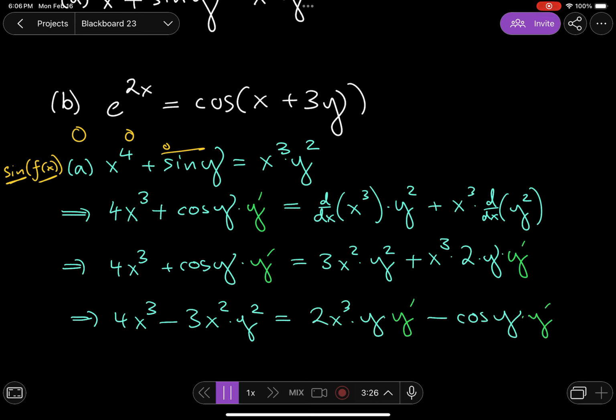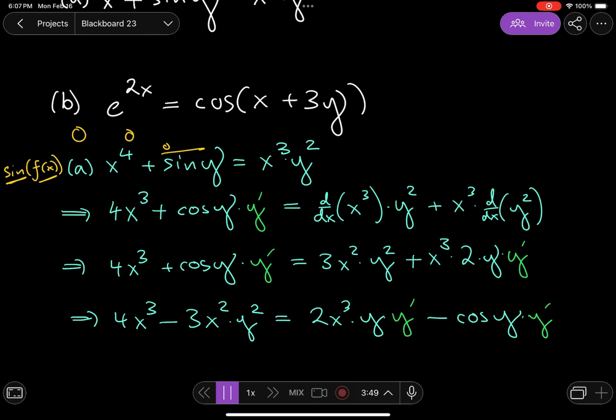All right, so again, what I just did was I subtracted this from both sides of my equation, and I also subtracted this from both sides of my equation. Why? Well, we want to get y prime by itself. We want to isolate y prime. We want to find some sort of function that will tell us the slope of this original curve right here at any xy value. Any point on the curve, I should say.